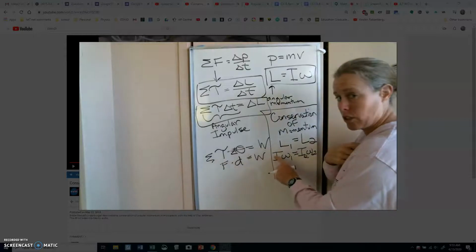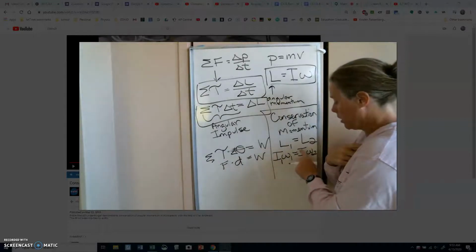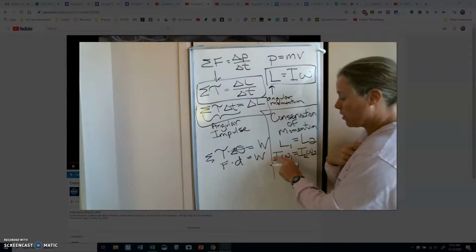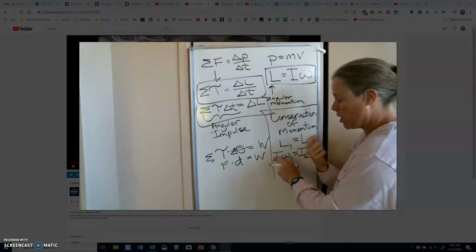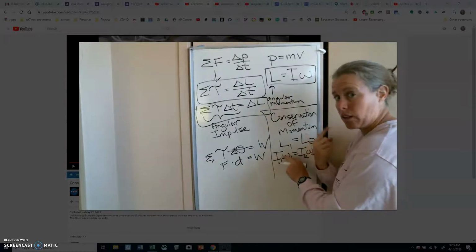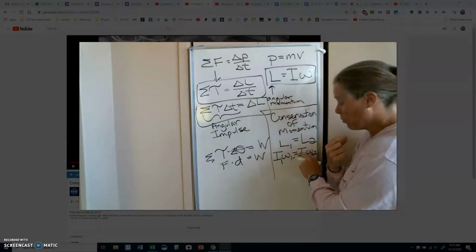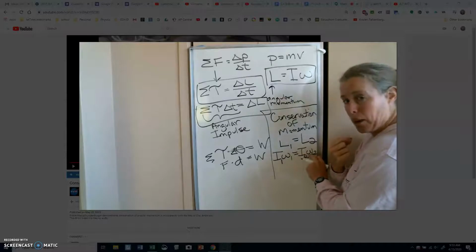Has the rotational inertia of the ice skater changed? Absolutely, it's decreased. So at first, large rotational inertia with a slow angular speed, and then they reduce that rotational inertia, and what happens to that speed?